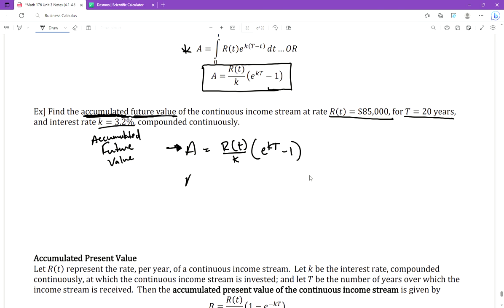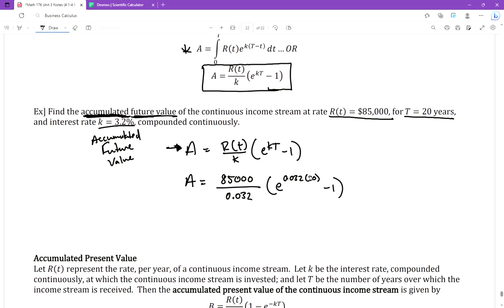So capital A is, they say R of t is 85,000 over K. Just like the previous compound interest problems, this percent should be changed to a decimal. So we would do 0.032, and then parentheses e to the 0.032 times t, which is 20, and then minus 1.